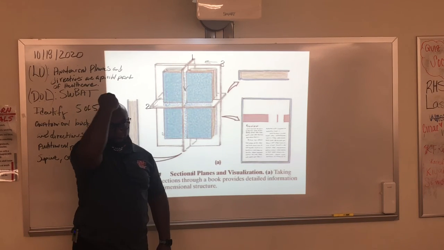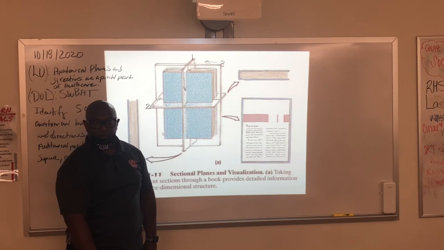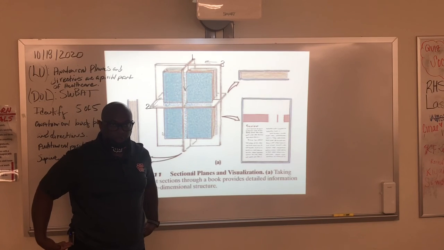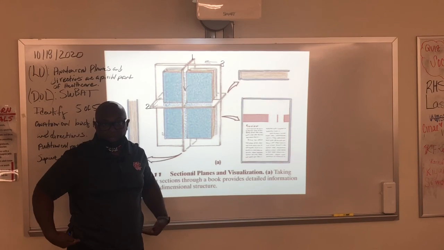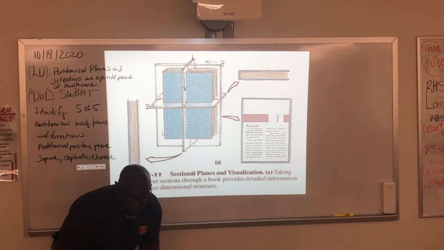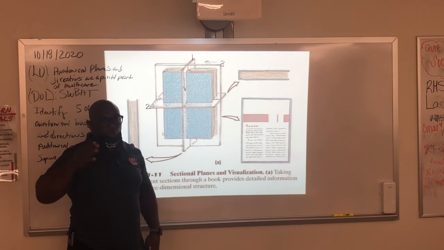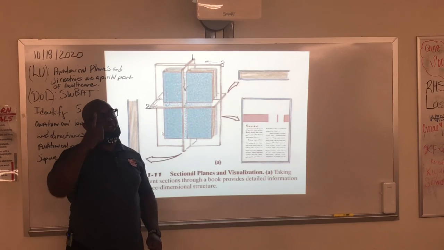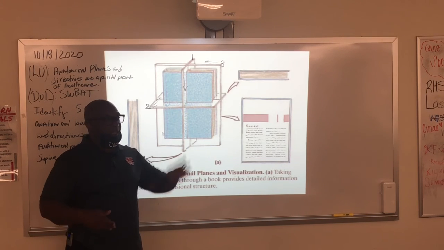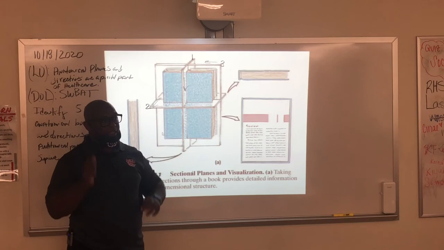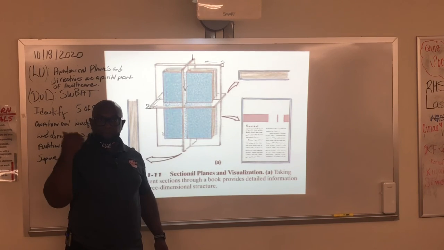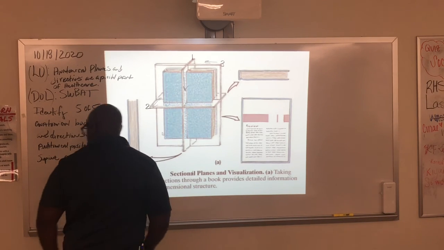Here would be mid-sagittal. Here would be transverse. It doesn't have to be here to be transverse. It could be here. It's just the cut. Don't look at the body. What is the body doing after the cut? Is it superior, inferior? Is it left and right? Or is it front and back? All right. Let's keep moving.